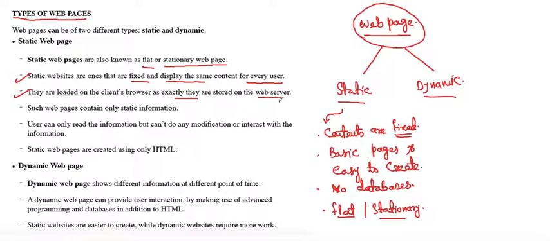That is why I have written the point that they are loaded on the client's browser exactly as they are stored on the web server. As we can understand from the name, such pages contain only static information. That means the information does not change. That means the information is fixed.